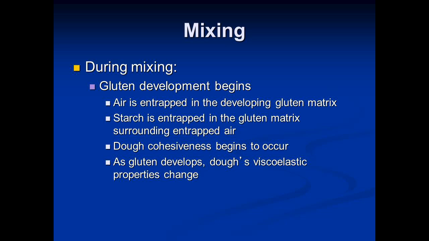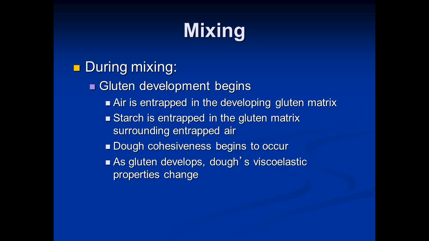So during mixing, gluten development begins. Air is entrapped in the developing matrix, as we mentioned. Starch is entrapped in the gluten matrix. And dough cohesiveness begins to occur. There's dough cohesion and dough adhesion.